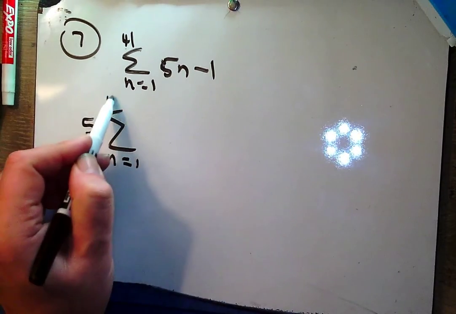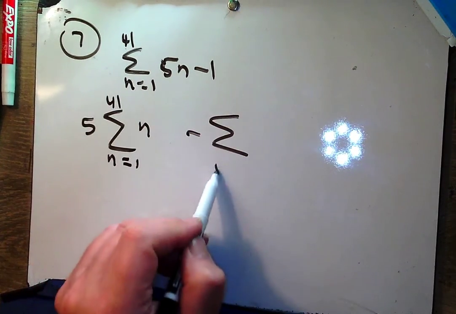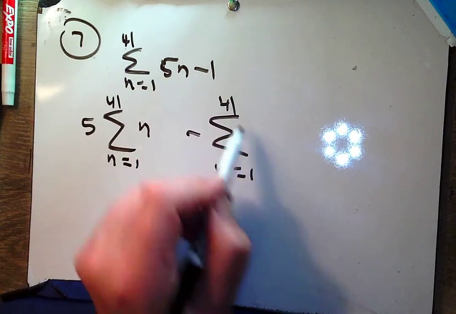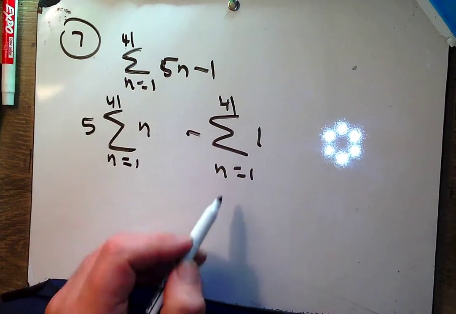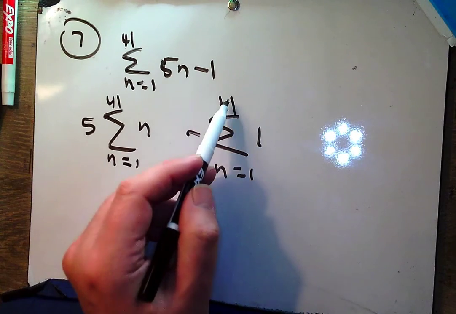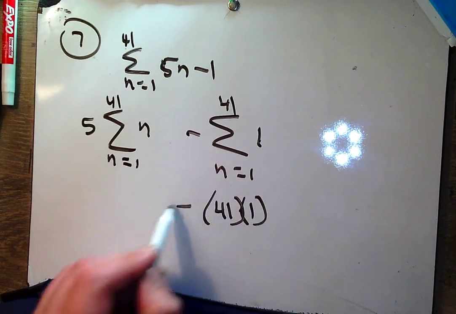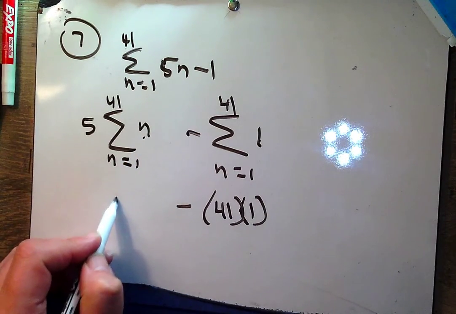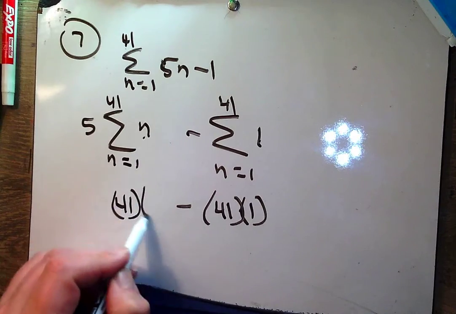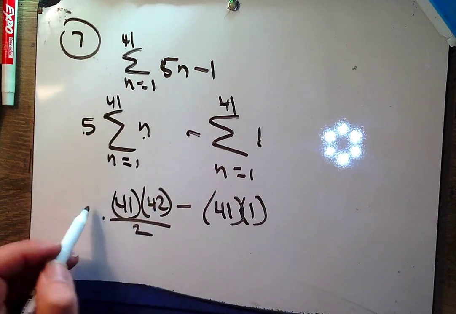The sum from n equals 1 to 41 of 5n, minus the sum from n equals 1 to 41 of 1. Well, this is the sum of a constant, which we know is n times c. And here, the sum of n, remember, is n times n plus 1 over 2. And don't lose that coefficient.